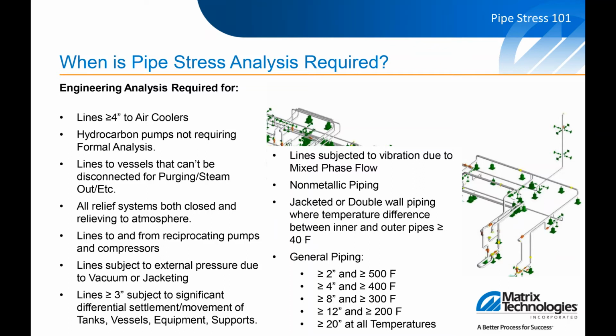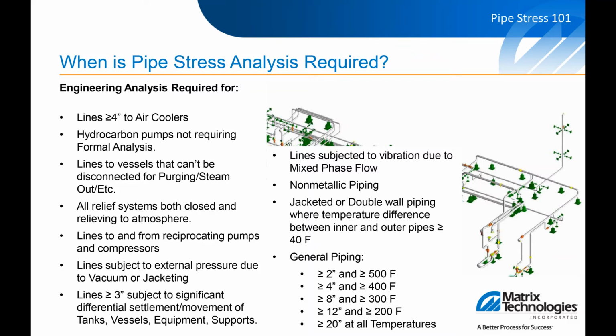Any line greater than 3 inch subject to significant differential settlement or movement of a tank or vessel. If you've got a line running up the side of a vessel and you've got a very hot pressure vessel, you can get quite a bit of movement as that pressure vessel heats up. Line subject to vibration due to mixed phase flow. Non-metallic piping. Jacketed or double wall piping where there's a big difference in temperature.